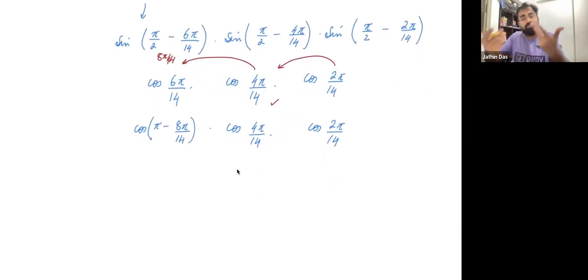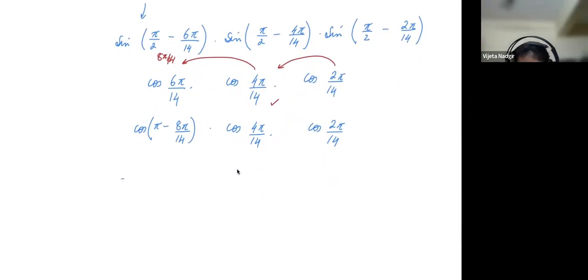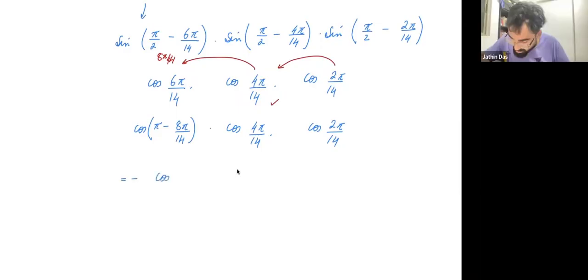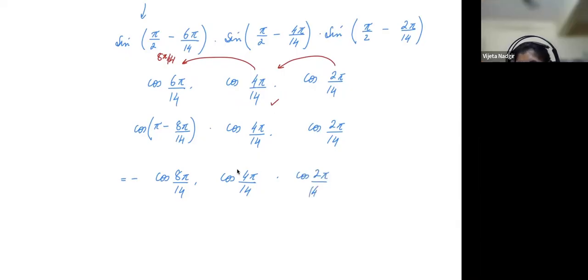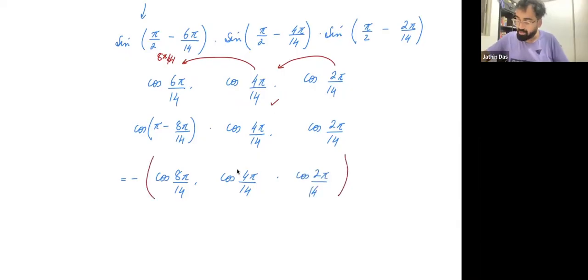Only thing is the minus will come. Let it come. So minus cos 8 pi by 14 into cos 4 pi by 14 into cos 2 pi by 14. Now is it a valid series? Yes, now it's a valid series.